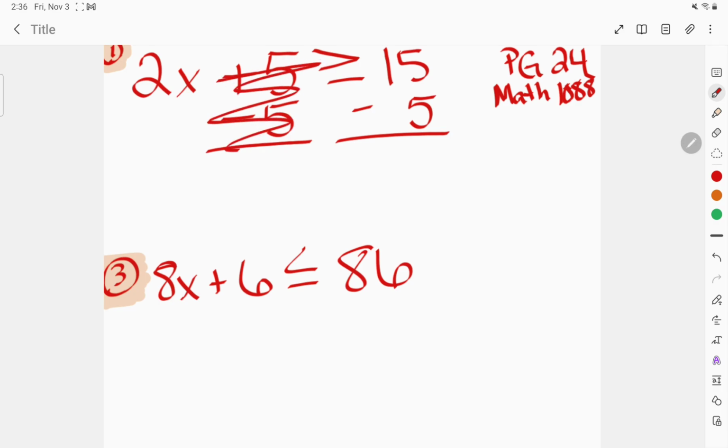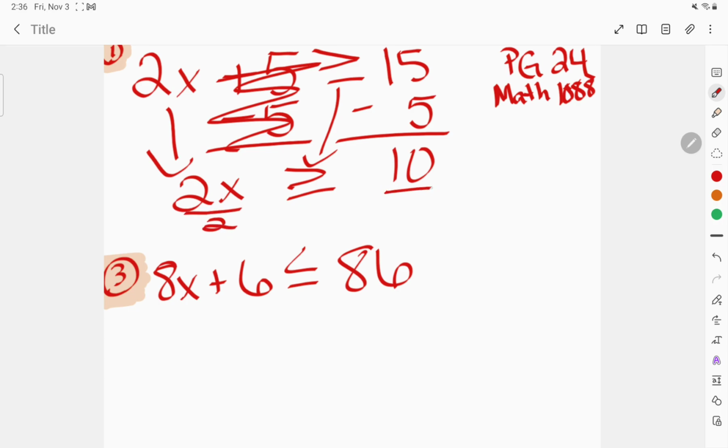All right, 15 minus 5 is 10. I bring my 2x down, and then I bring my greater than or equal to. So 2x is greater than or equal to 10. Divide both sides by 2. And x is greater than or equal to 10 divided by 2 is 5.